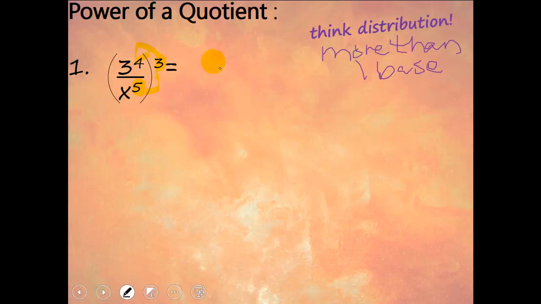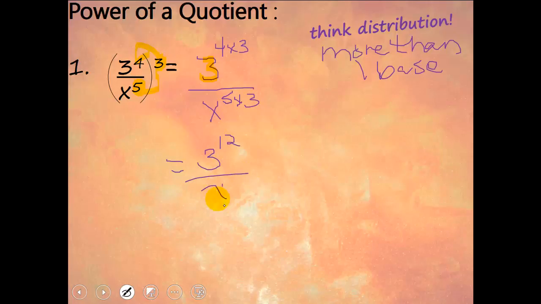So we get 3 to the 4 times 3 over x to the 5 times 3. So we get 3 to the 12th over x to the 15th. And you can leave it like that because 3 to the 12th is a pretty big number.